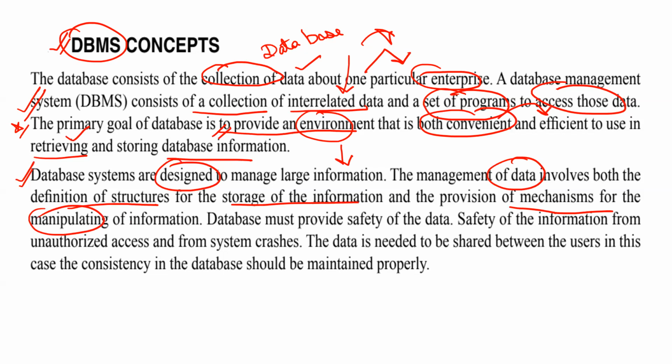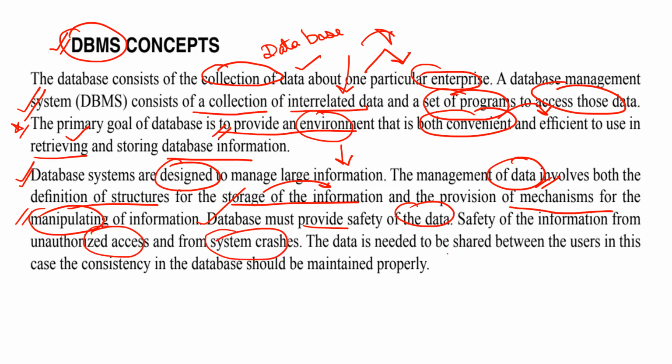Database must provide safety of the data, so that no one can steal your data. Clear? They are also protective. Safety of the information from unauthorized access and from system crashes.